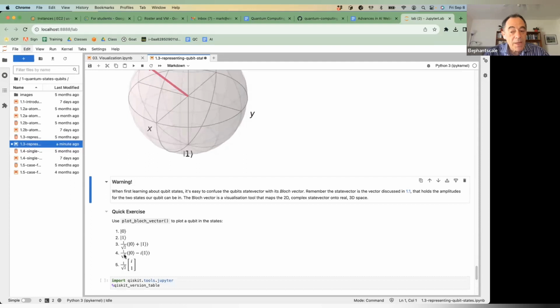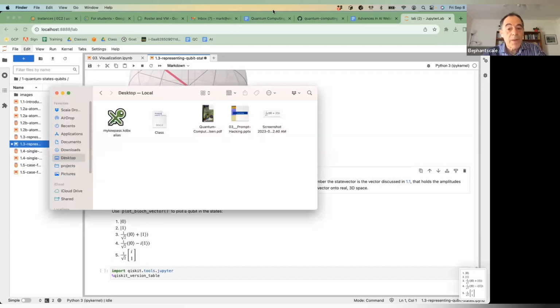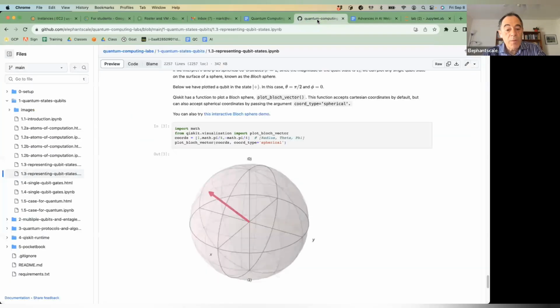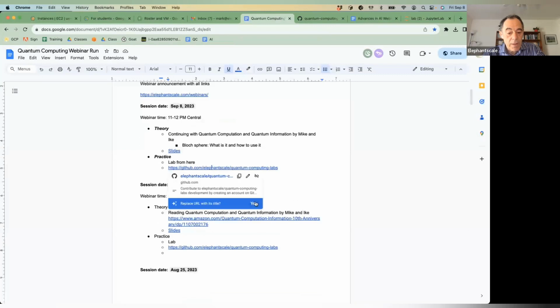How about making this homework, right? Let's do this. Let's make a picture out of that. Like that. And let's put it for your homework. Well, right here, quantum computing, right? And what if I say this?